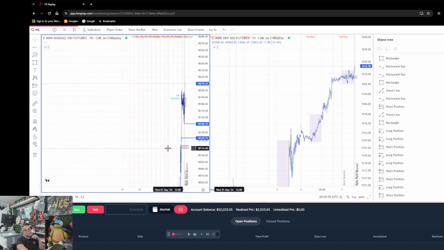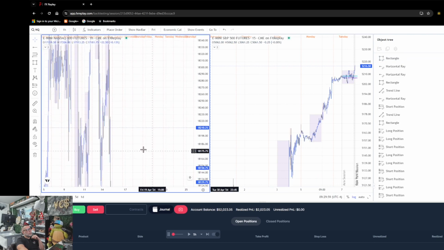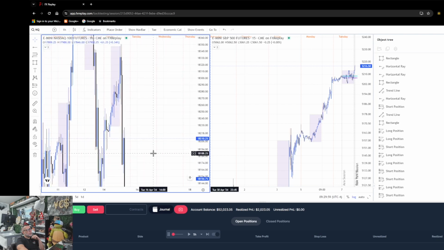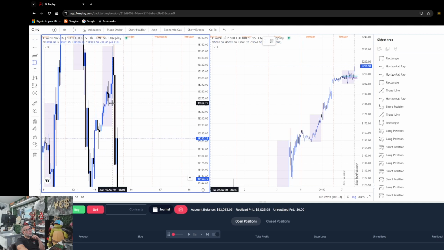All right, so it looks like we are at, no, we're not at all-time highs. All right, so we're right there. And then you got this hourly fair value gap that price might react from.